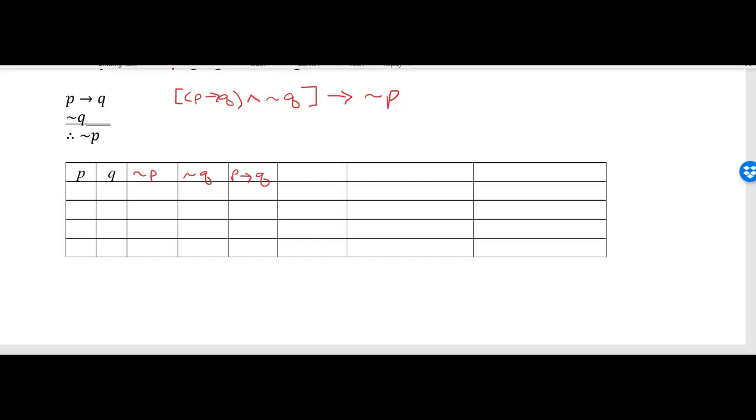Then I would combine it. So we would have if P then Q and not Q. Okay, that would be my next step. Then you put the whole thing together, and it looks like we did not need that last column. So I put the whole thing together.